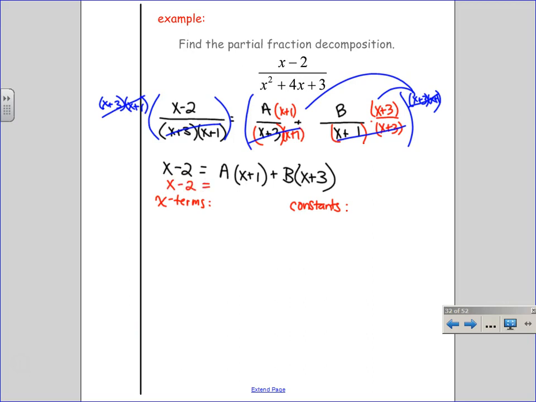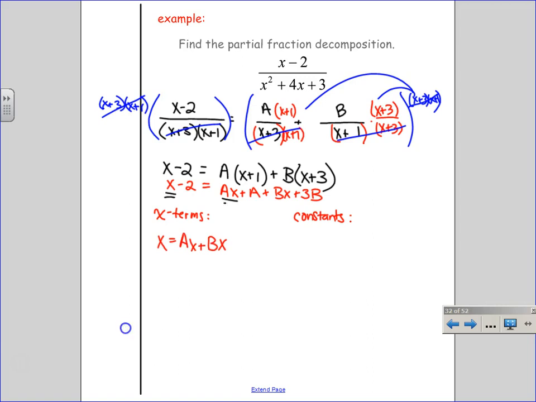I have one x term on the left. What happens when we collect just our x terms? Don't you have 1x equals Ax plus Bx? Have we gotten them all? Yeah. We had an x term there, and an x term there, and an x term there. What does that leave us with? Who are our constants? Well, everybody else. Everybody else would be negative 2 equals, finish me off.